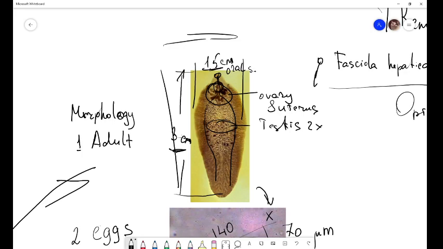Like other trematodes, this worm has an oral sucker and another sucker.